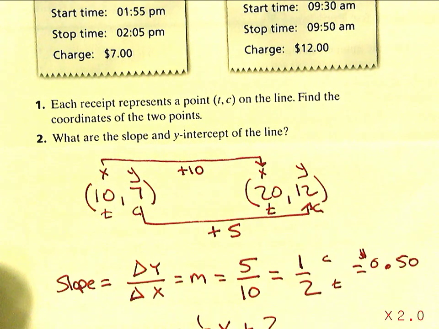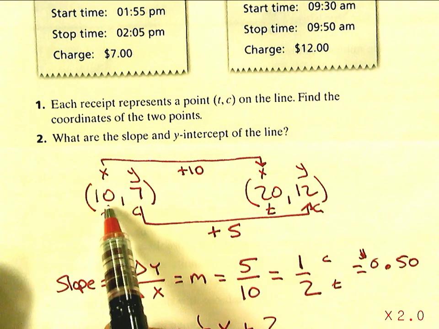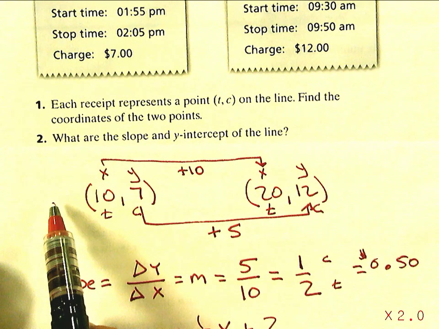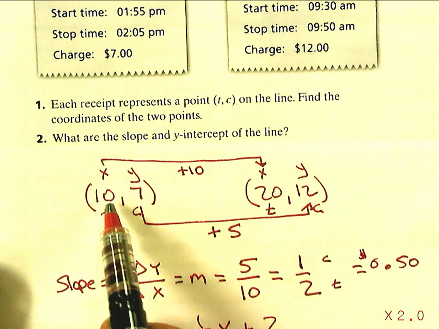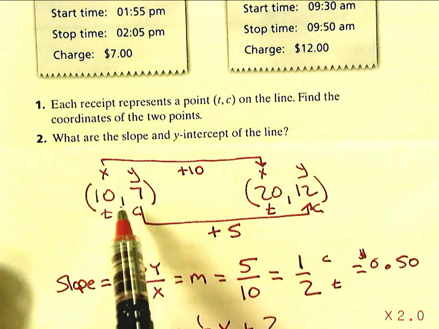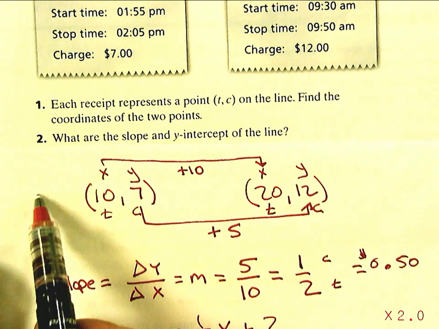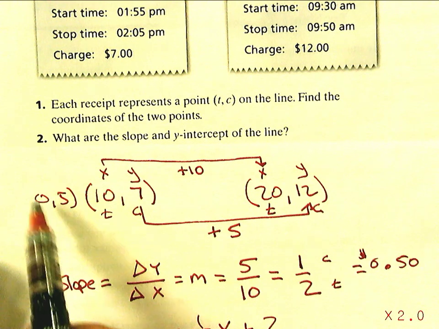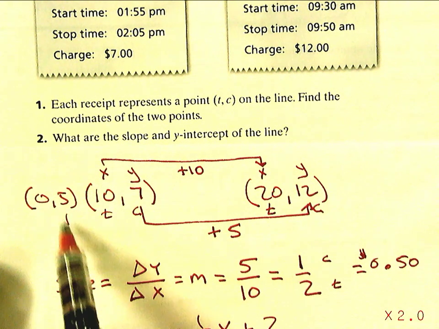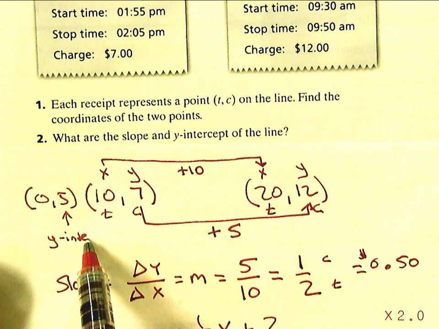So that was the other part, what we consider the y-intercept. In other words, if we went back to where the time is 0, this was 20, this was 10. If we went back to where the time was 0, the charge would be, since that went up 5, if we go down 5, 0, 2 would be the y-intercept. So sometimes you can just work backwards.